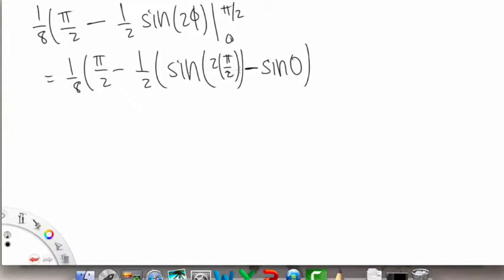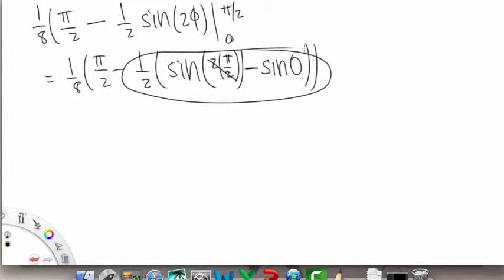Okay, how many parentheses do I have going on here? I think I need one more. Okay. And then this is sine pi minus sine 0, and at both of those points sine equals 0 itself. So our final answer is pi over 16 for this part.